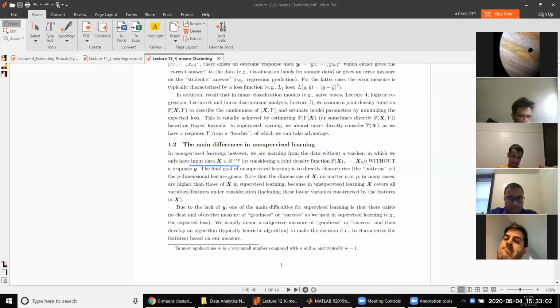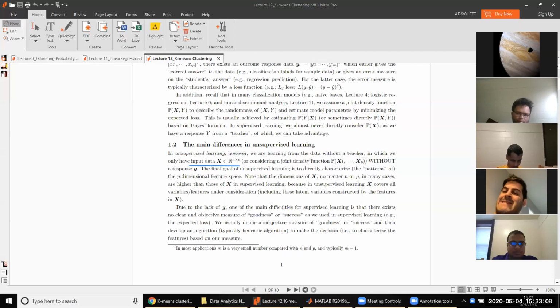If we go back to the data, that means we don't have something like a loss function here. Remember, here usually we make, for example, p(x, y), and then we fit it by minimizing the expected loss, right? But here you cannot define an objective loss function.